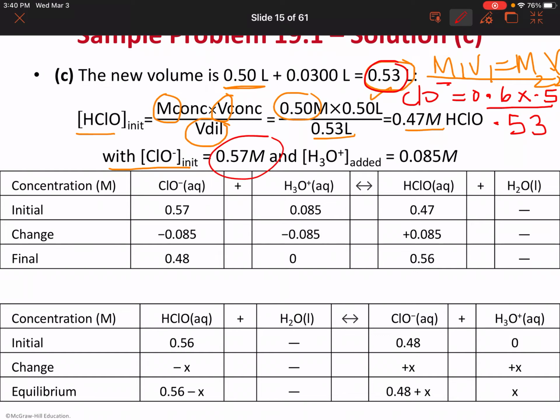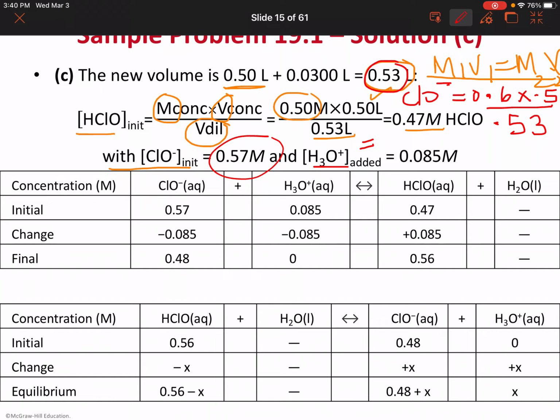And then the hydronium added, because you're adding hydrochloric acid. Again, how do we calculate the concentration of the hydrochloric acid? I think it was 1.5, right?